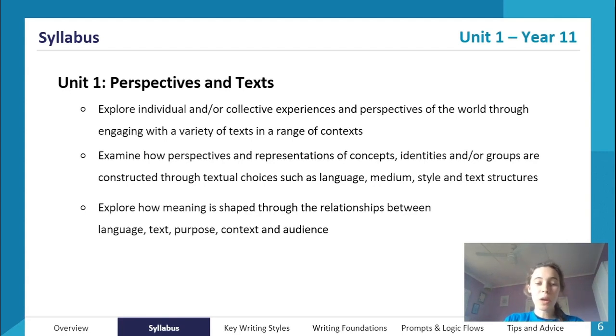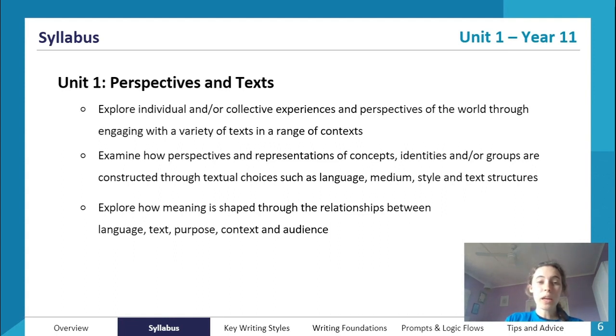So to start with, we're going to have a look a little bit about the syllabus. So this is Unit 1, Perspectives and Texts, which you may have just finished or you may be about to finish depending on where you're at in Year 11.